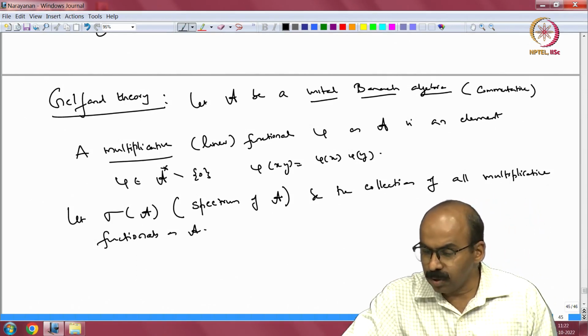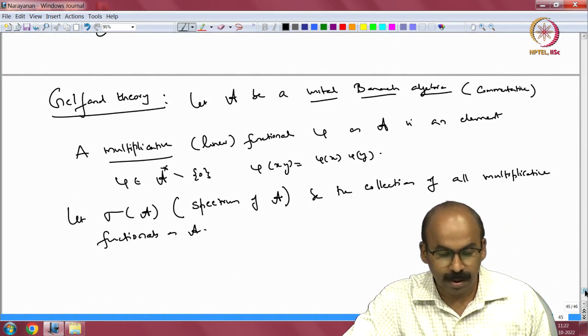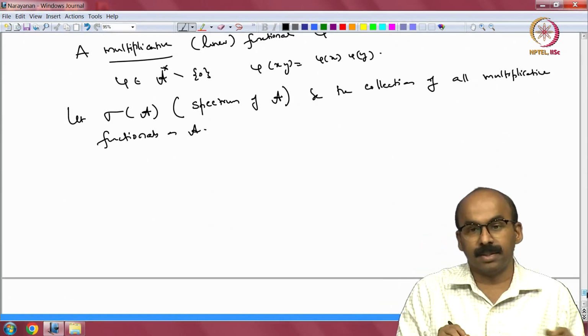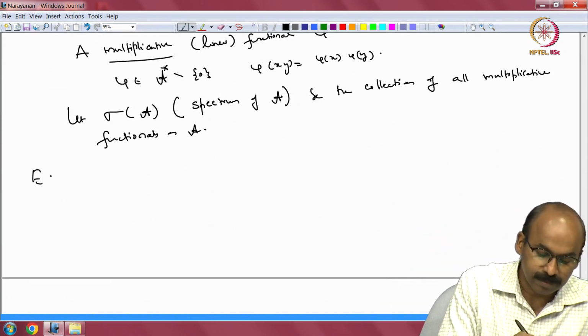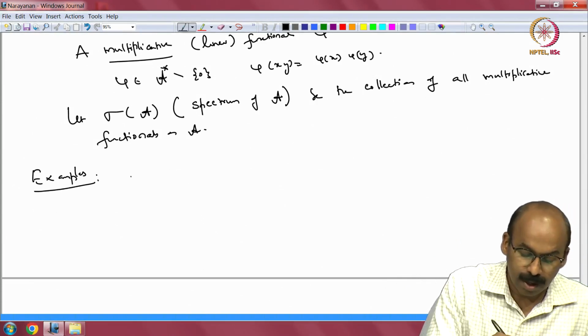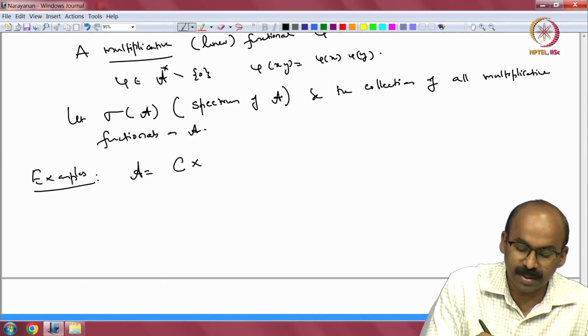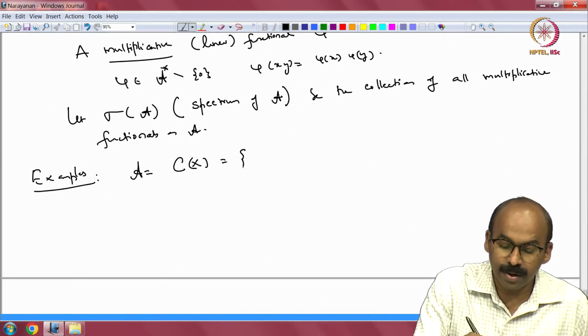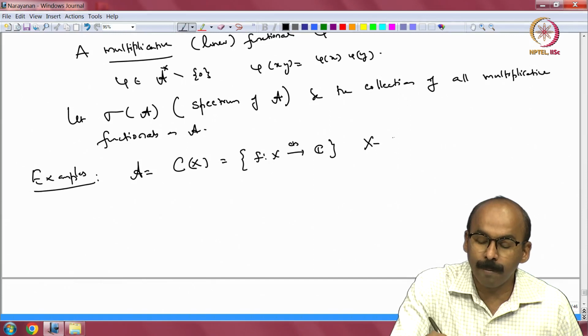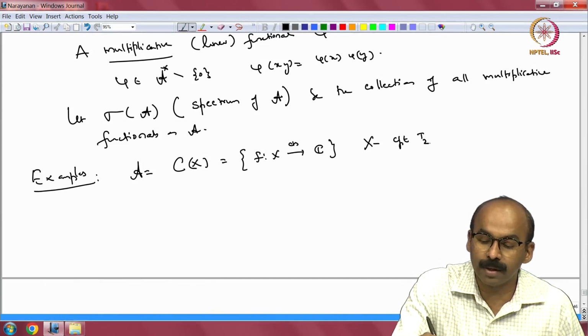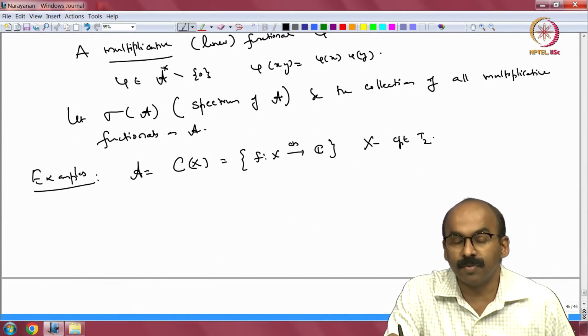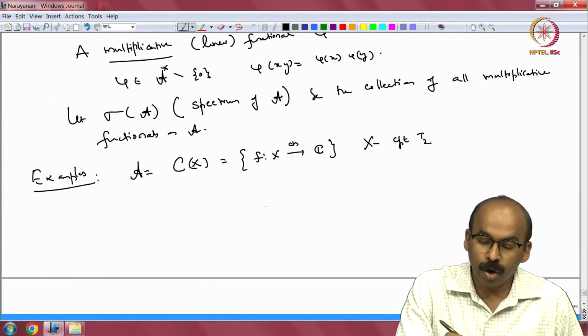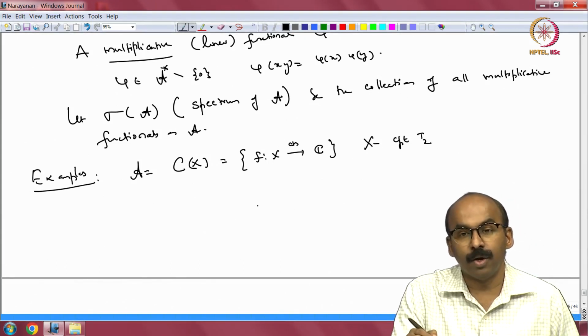So, let us look at some examples, so that we see that they exist. Example: let A be equal to C of X. What is C of X? This is all continuous functions from X to the complex plane, where X is a compact Hausdorff space, so that you have a lot of continuous functions, and the norm is of course the L infinity or supremum norm.